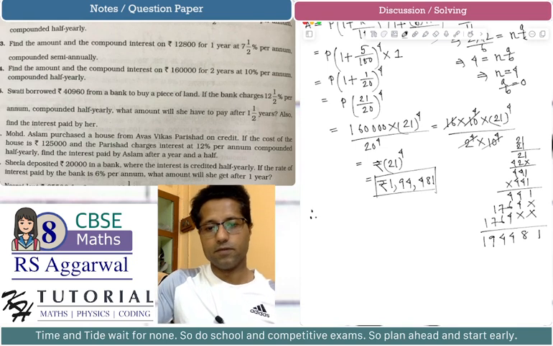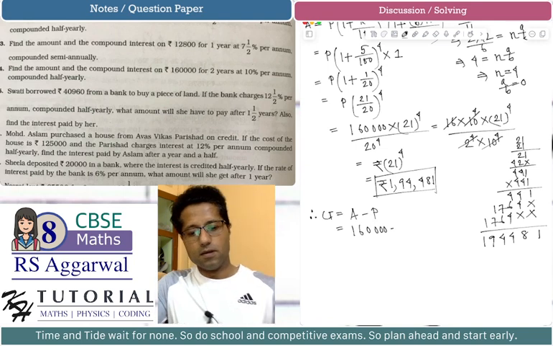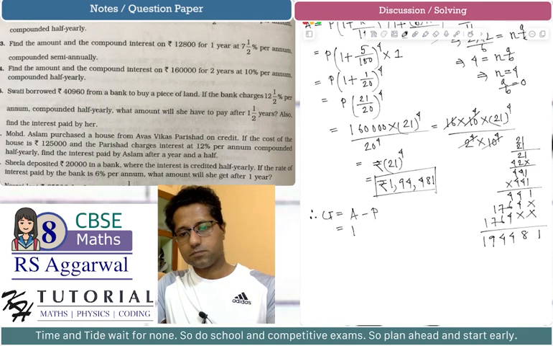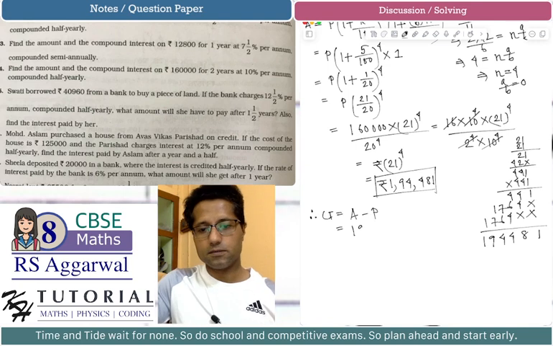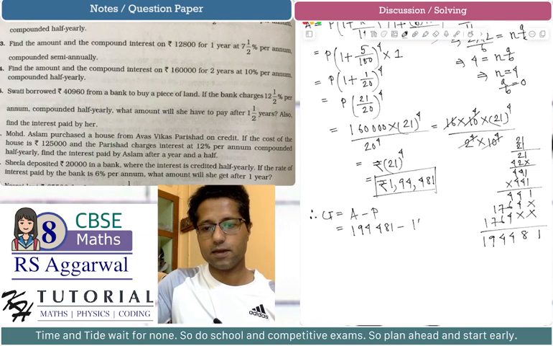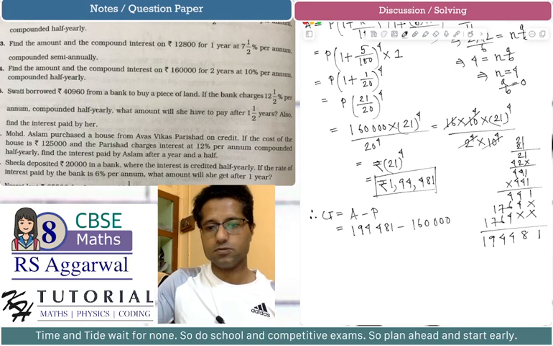Therefore, compound interest is equal to amount minus P, which is equal to, sorry, amount is 1,94,481 minus 1,60,000.